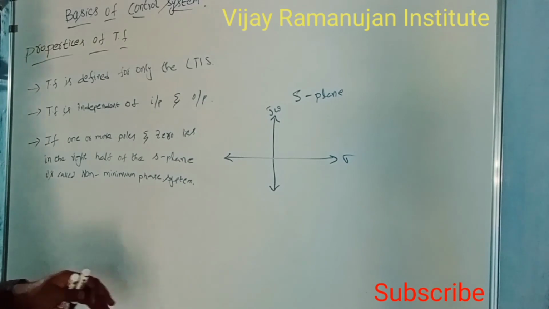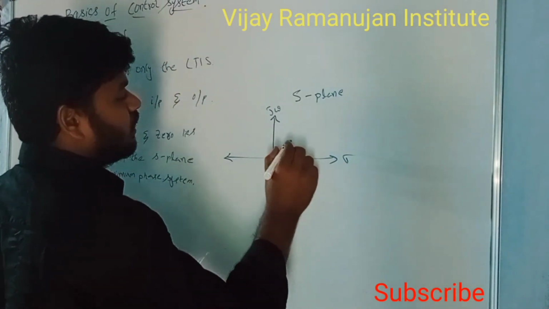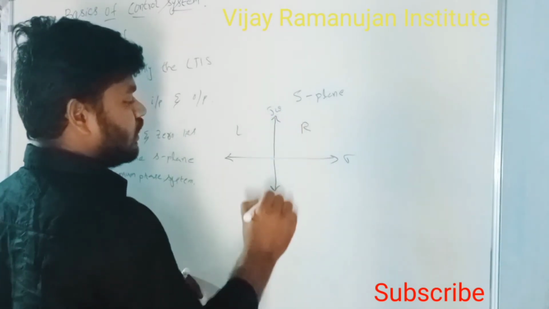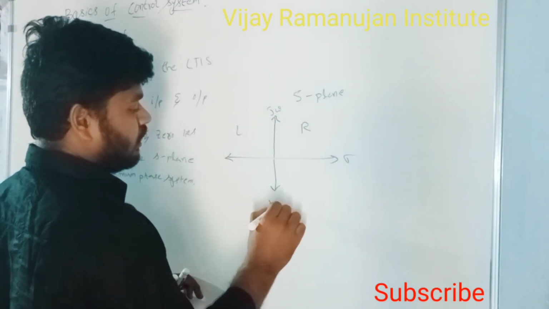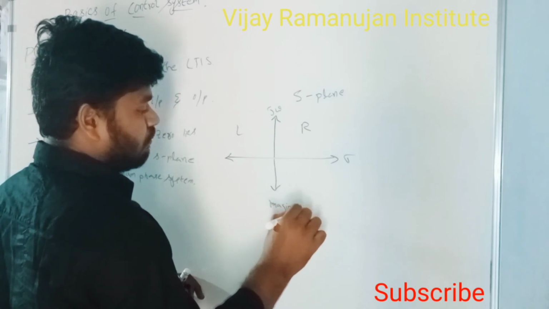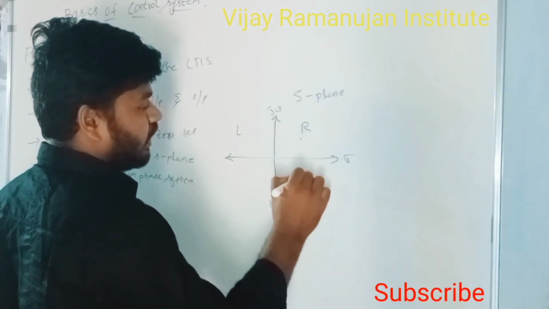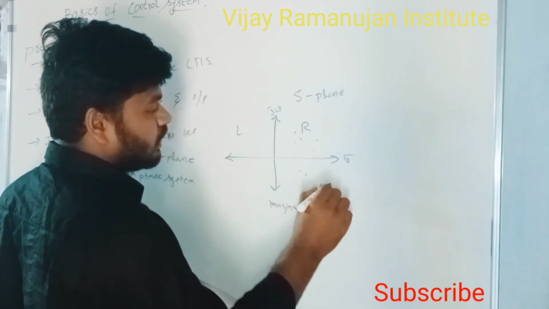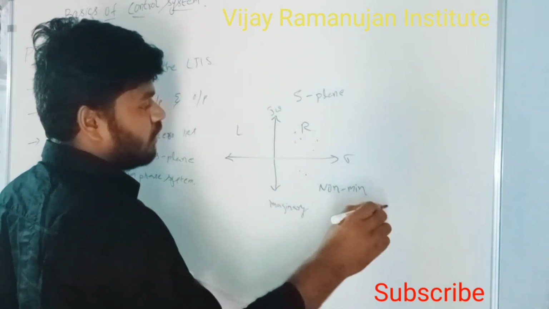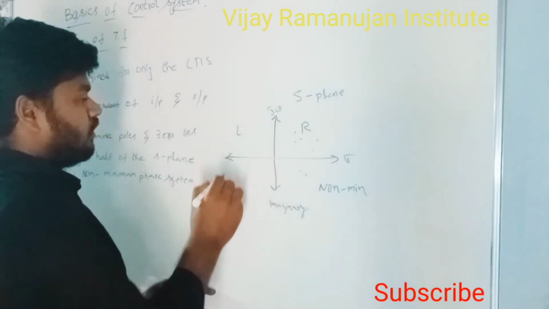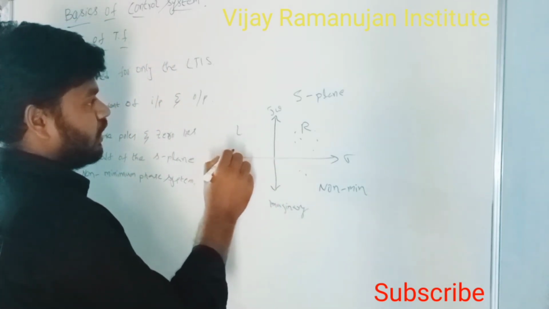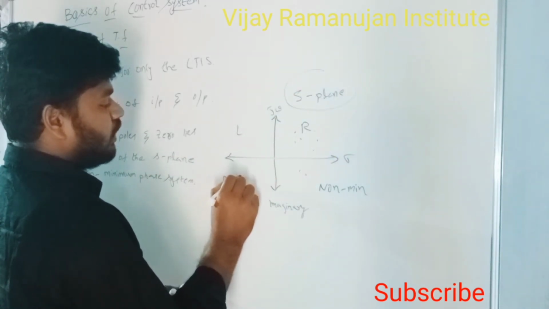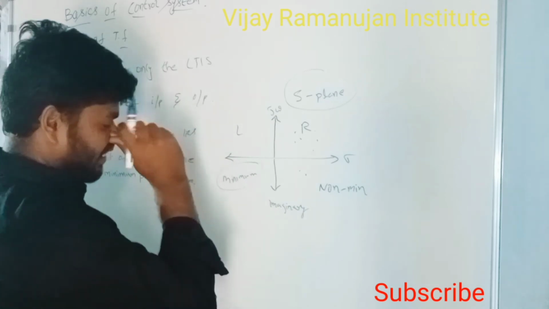It means if any pole or zero lies in the right, this is left, this is right, this is imaginary. If any root or pole lies in this right side area, then the system is called a non-minimum phase system. If zero or pole lies in the left half of the S-plane, then it is called a minimum phase system. Okay.